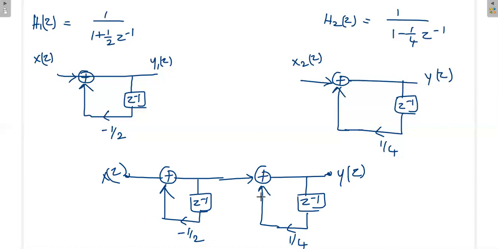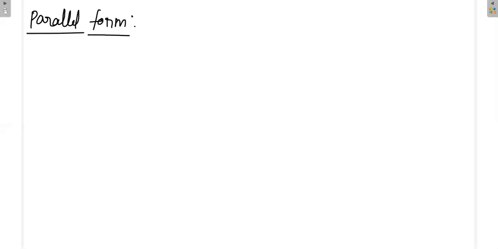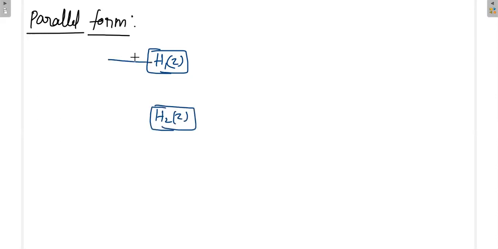Next one, parallel form structure. In case of parallel form, suppose there are two systems h1 of z and h2 of z, then for both systems the input will be common, that is x of z.